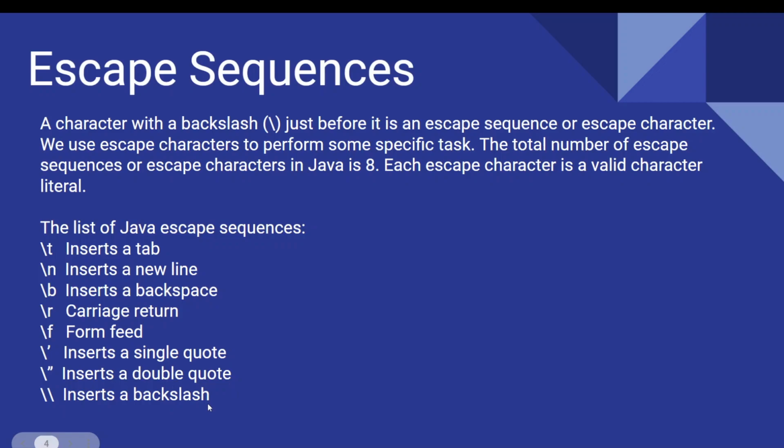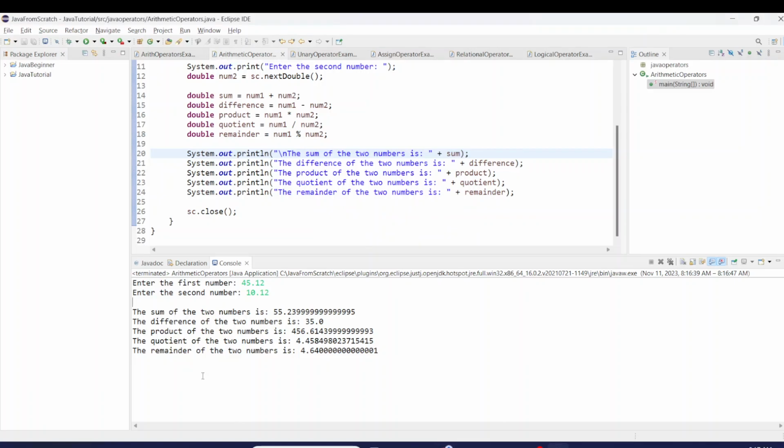We can also look at another example here. For example, if we want to enclose this product, or difference, or quotient in double quotes, we can do so using the escape character backslash and double quotes.